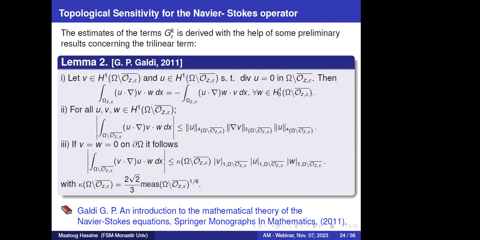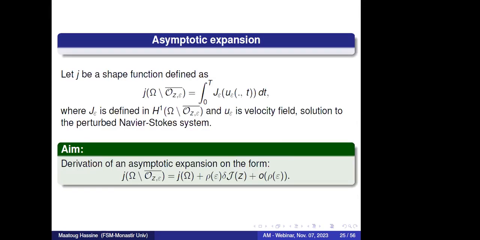With this result, we end the proof of our first theorem. So we start our second part, where we aim to derive an asymptotic expansion of the considered design function.